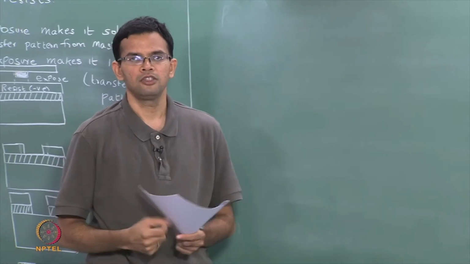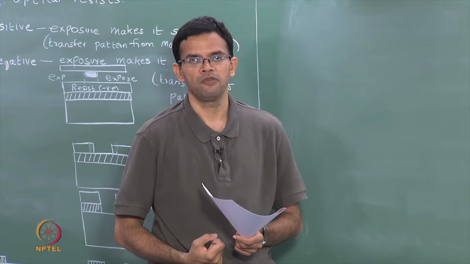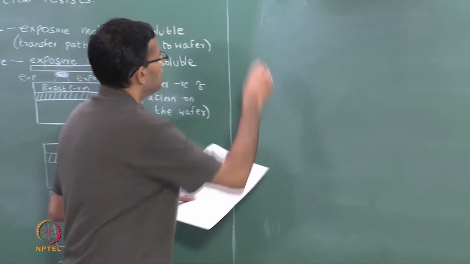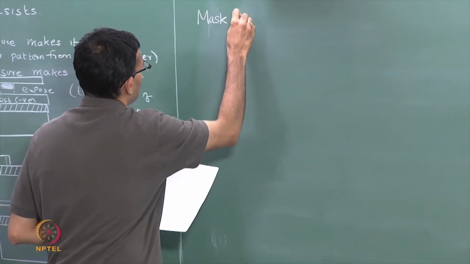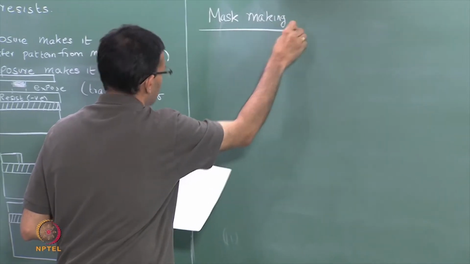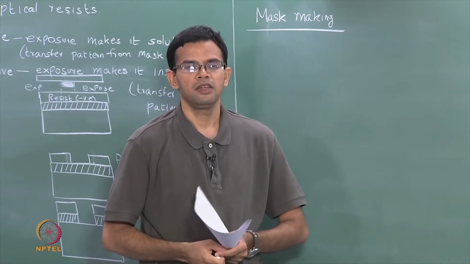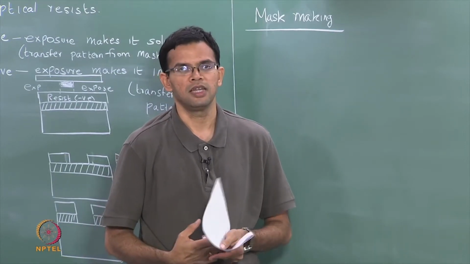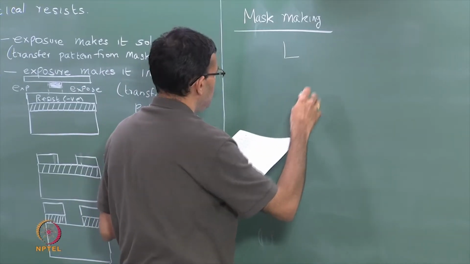So when we looked at lithography, we said that the first thing is to have a hard copy of the design which you want to transfer onto your wafer. This hard copy is called your mask or reticle, and this is the first thing that has to be made. The pattern that needs to be transferred is usually developed by the circuit designers, and this pattern is then broken into a series of masks.